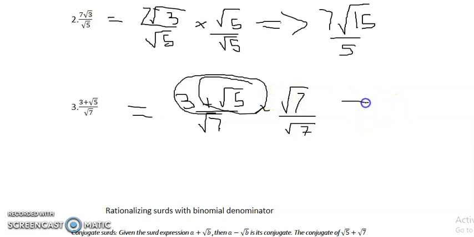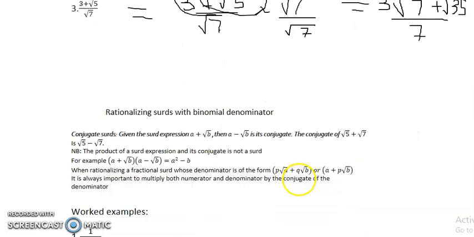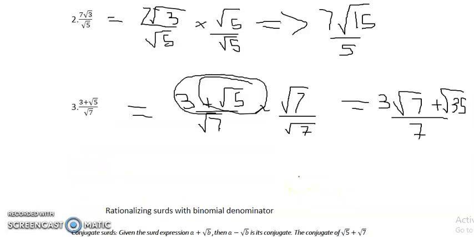So then we get what? We get 3 root of 7 plus what? Root of what? 5 multiplying 7 gives 35. We get root of 35 here. Then we get 7 here. Simple as ABC.